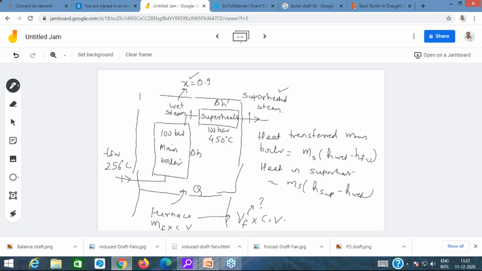So tell me the enthalpy of the wet steam from the steam tables. Akanksha Saunke, tell me the enthalpy.